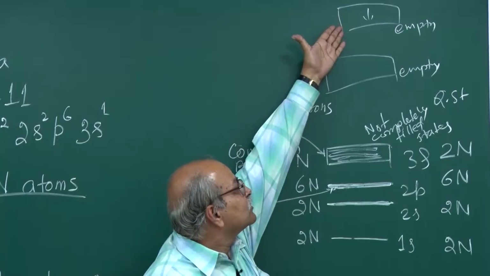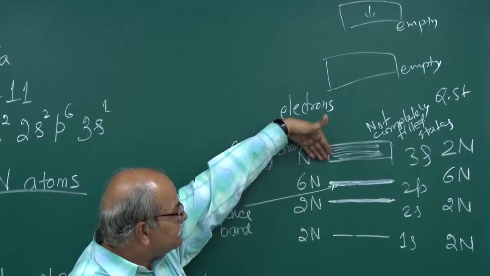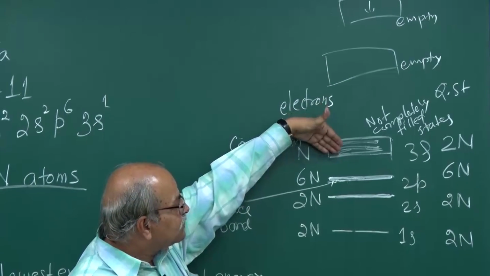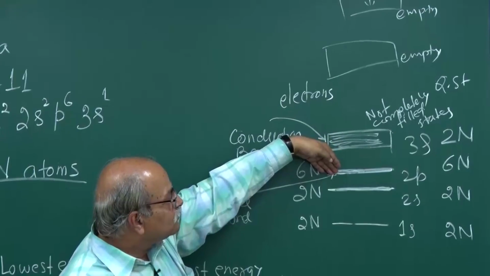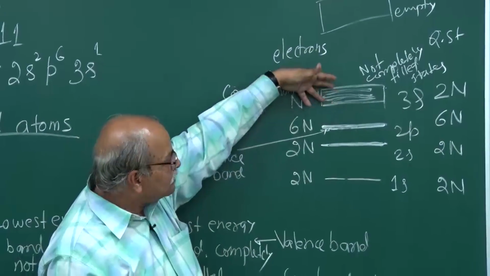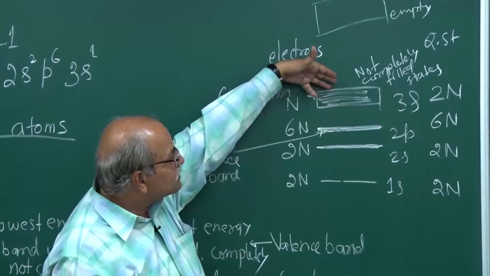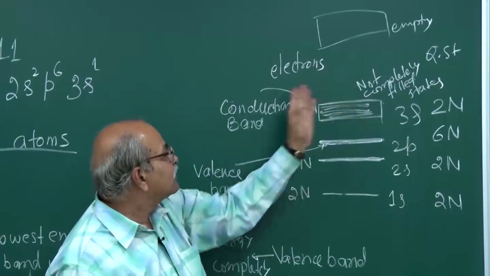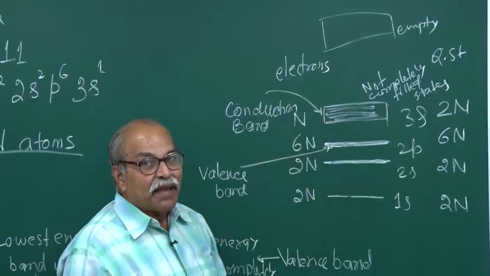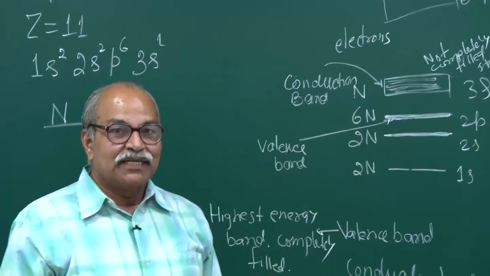This is also not completely filled. So, you come down and this is that lowest energy where you have not completely filled. If you go further lower, you have a completely filled band. So, the first one coming from the top which is not completely filled, we will call that the conduction band. So, these two words I will be using very frequently.